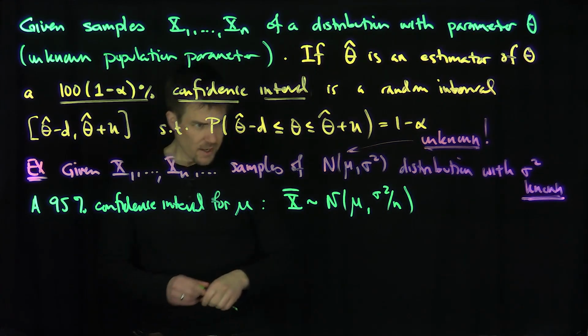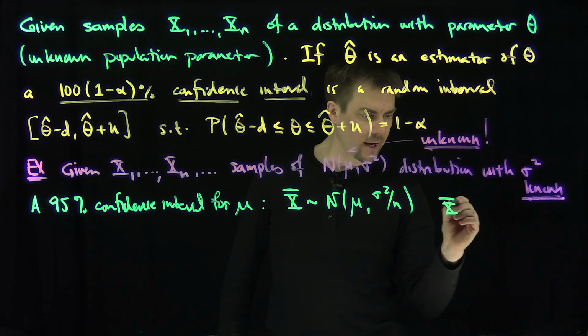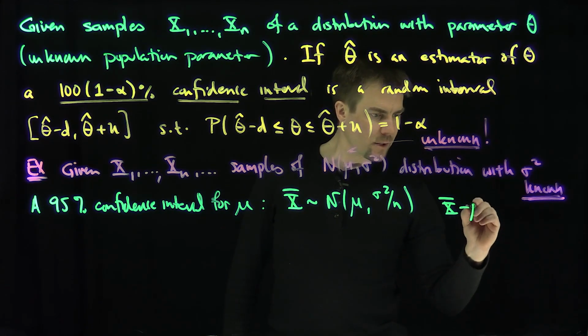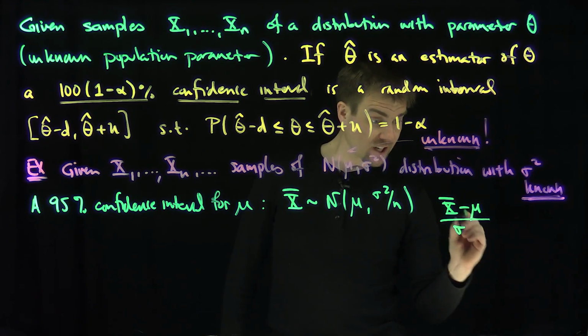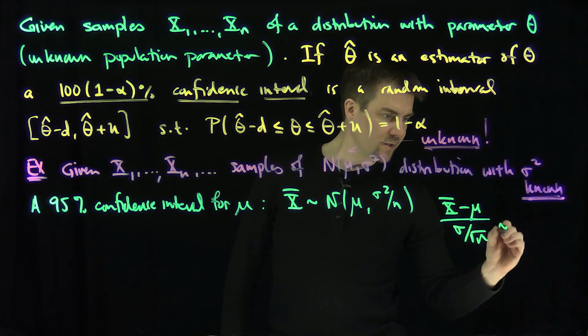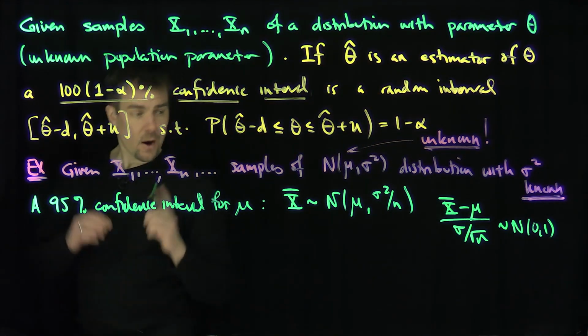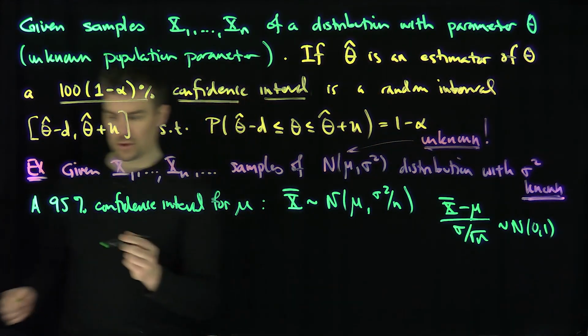That's our sample mean. What this tells me is that x bar minus mu over sigma, which is known, but mu is not, over the square root of n, is a normal 0, 1 random variable. Now I can use facts from the standard normal distribution.